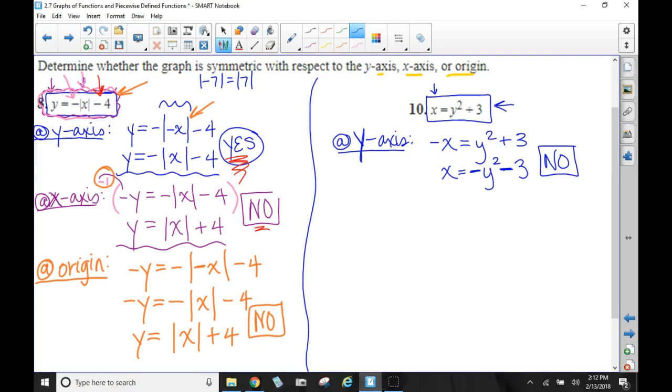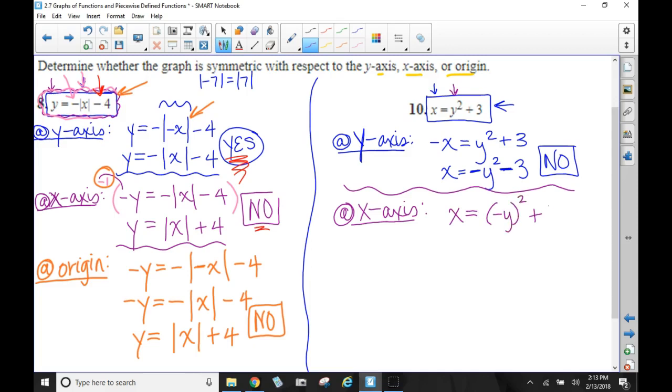All right? Next we're going to see if this graph of x equals y squared plus 3 is symmetric about the x-axis. This is where we replace y with a negative y right there. And so our equation is going to look like x equals negative y squared plus 3. So this is equivalent to x equals, and what does negative y squared mean?